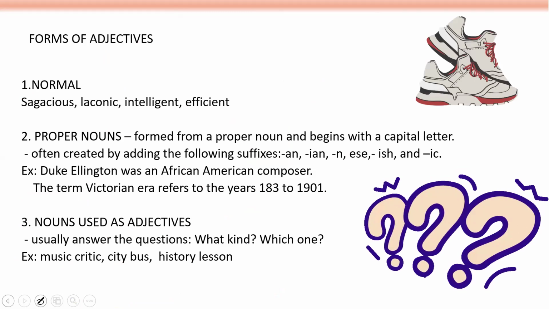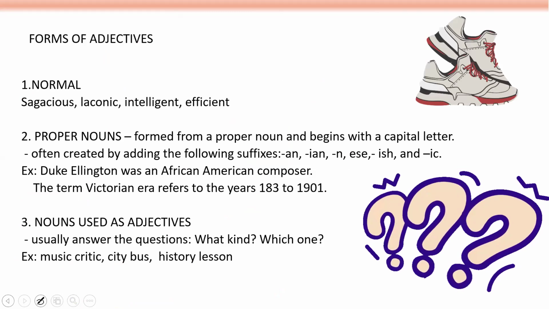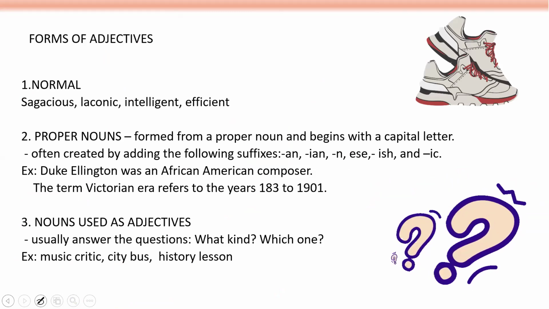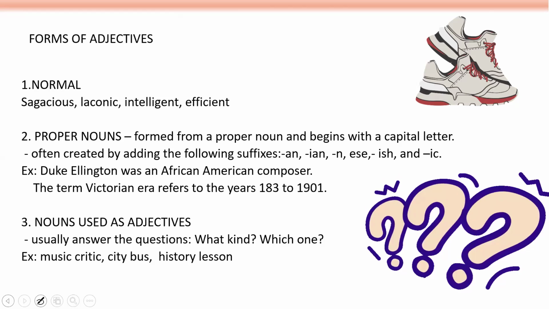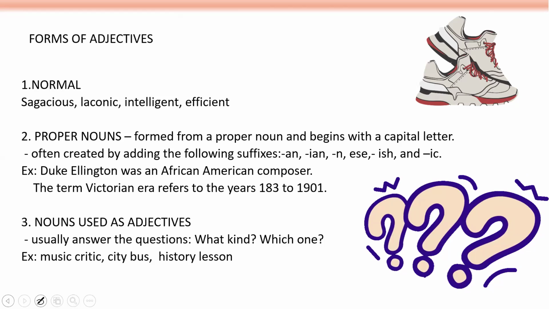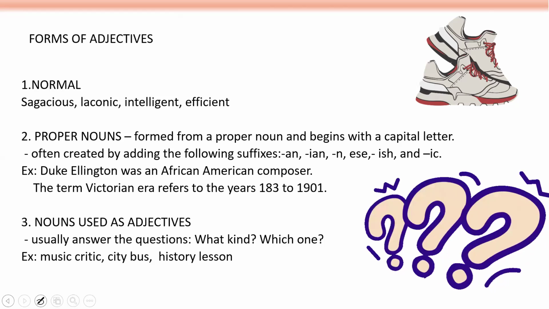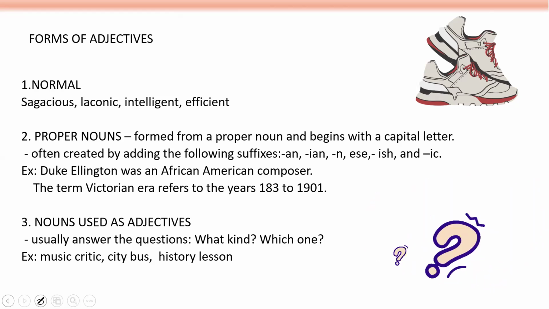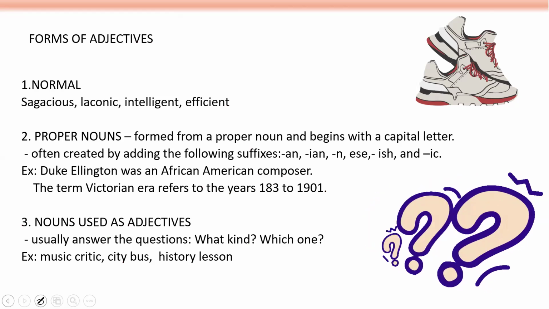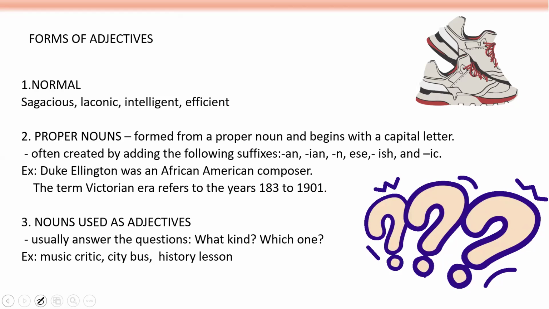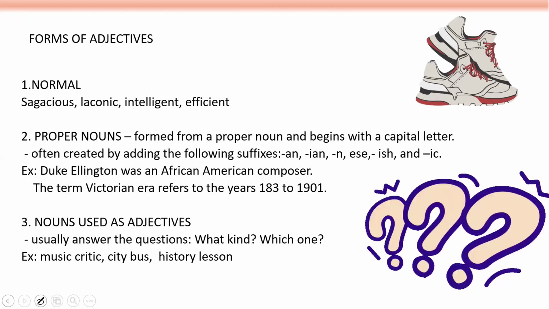Beautiful, pretty, amazing, efficient, intelligent, laconic, sagacious. Okay? And usually, normal adjectives are located before the noun. The red hoodie. Red hoodie.